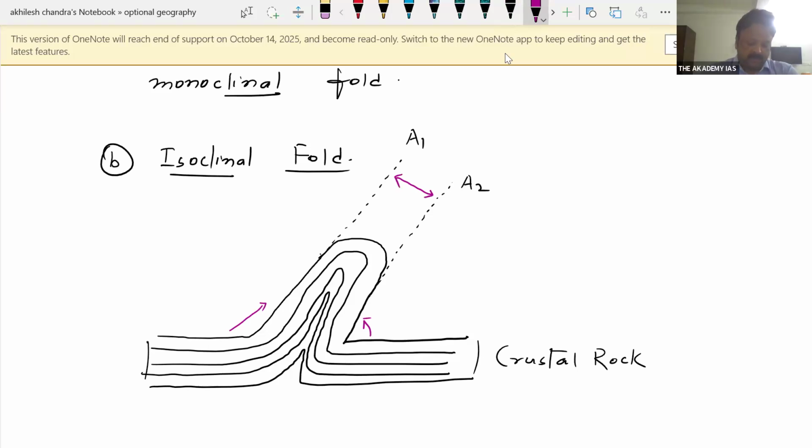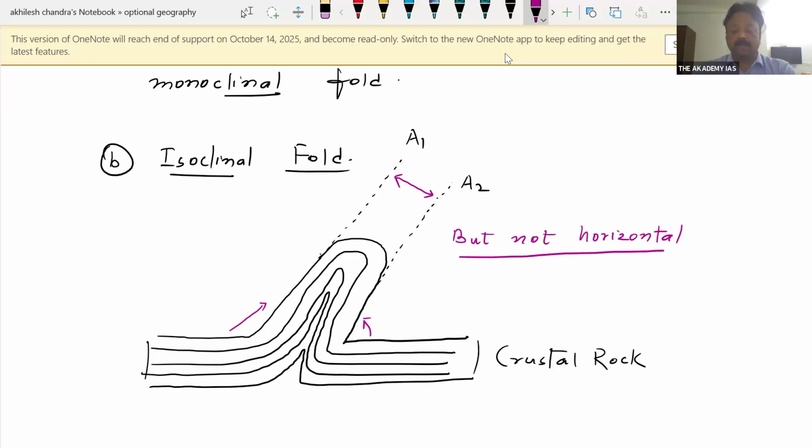Such folds are called isoclinal folds. And do remember, both the arms remain parallel, but not horizontal.